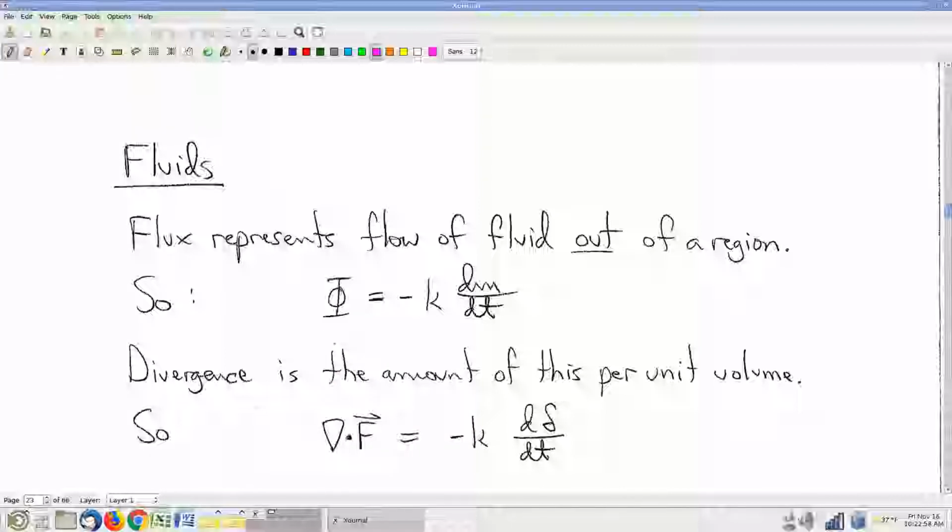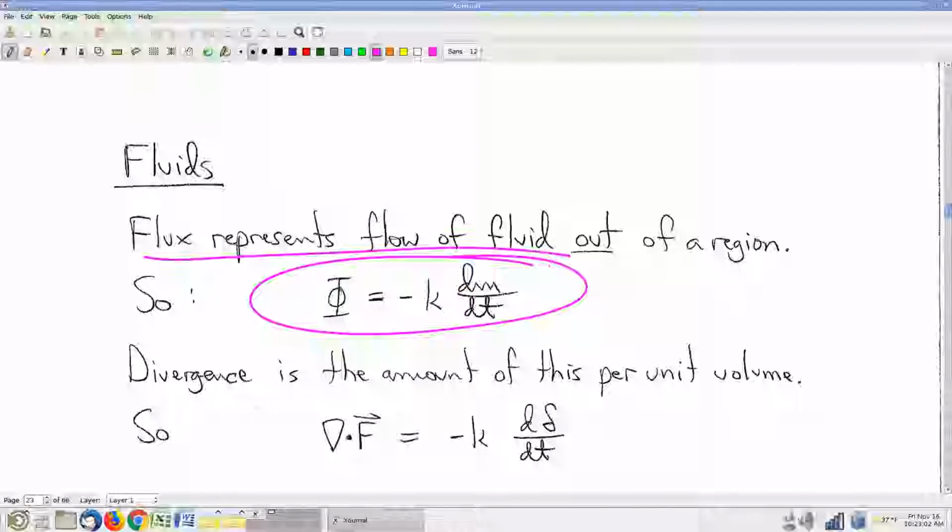So we made the observation that if you have a vector field representing the flow of a fluid, right, then flux just says how much fluid is leaving the region. This is a direct interpretation of what flux of a fluid field is: volume per unit time of stuff, let's say mass per unit time for this application, is leaving.